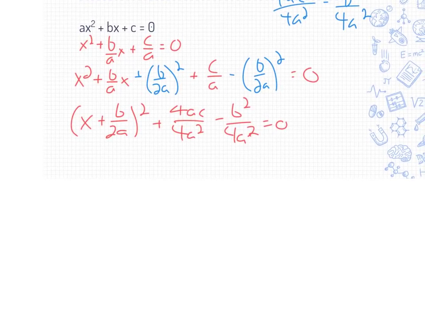I'm now going to move those terms over, so I'm going to subtract this 4ac over 4a squared and add this b squared over 4a squared.